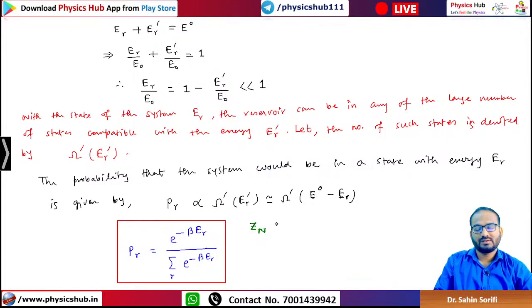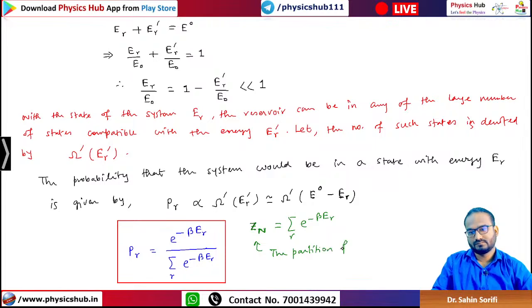Qn also it is written. This is the partition function, which is the sum of e to the power minus beta ER. So n denotes the number of particles. If there are n particles, this partition function for n particles is Zn. For one particle it will be Z1.